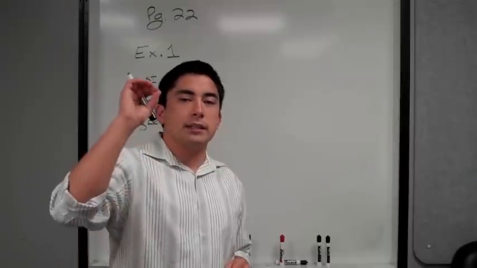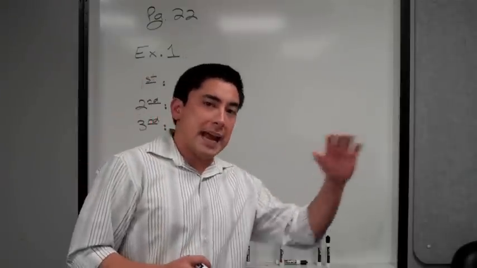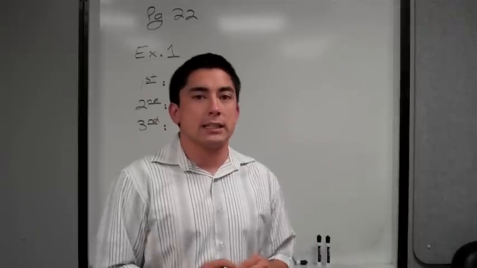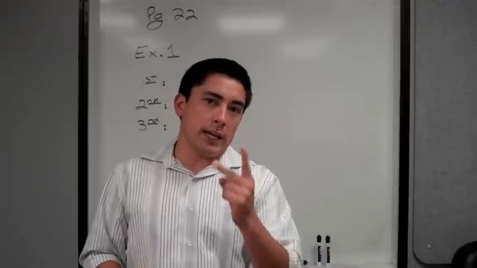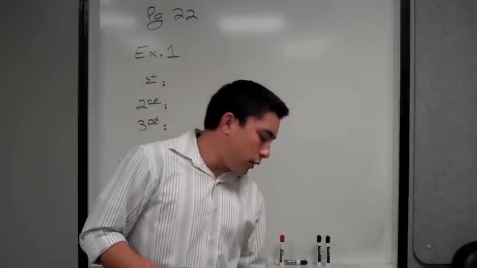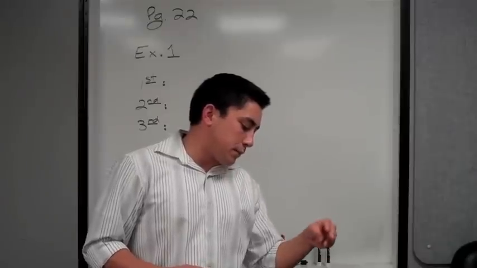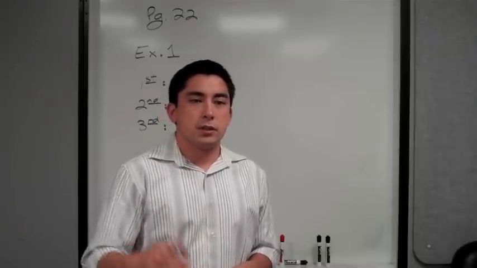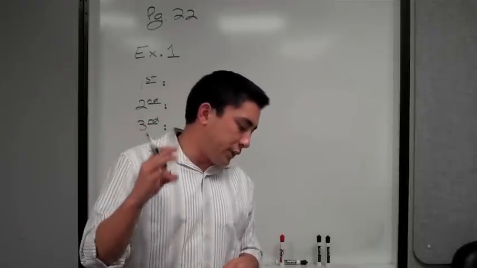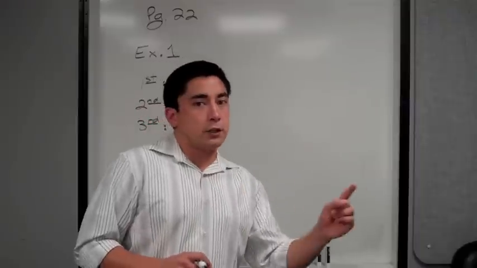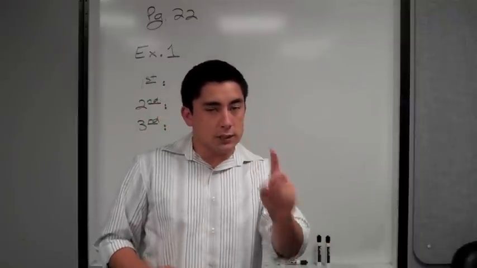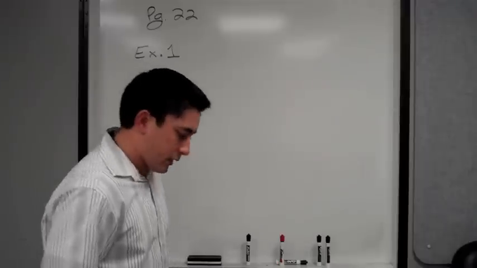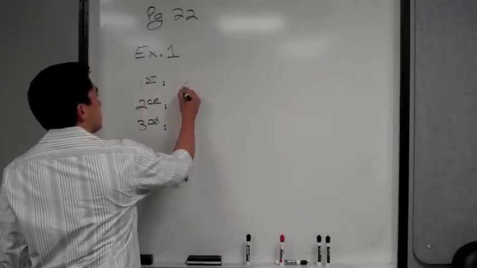My advice to you is one of these has to be x. The one you want to establish as x is the second term that gets talked about. In example 1, it says the second of three numbers is 4 times the first number. Since the first got talked about, I know it's kind of confusing, we're going to call that x.